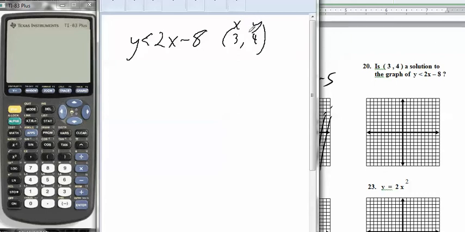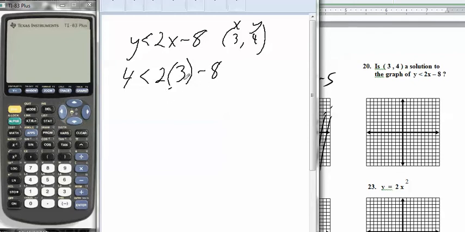So that's x and that's y. So just put these in those places. So y is 4. Then put x where x is, in parentheses. So that's a 3. Minus 8.